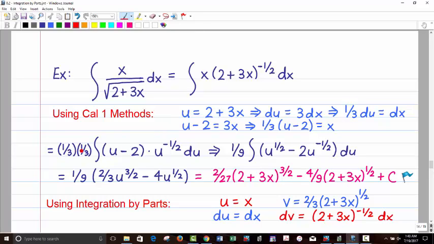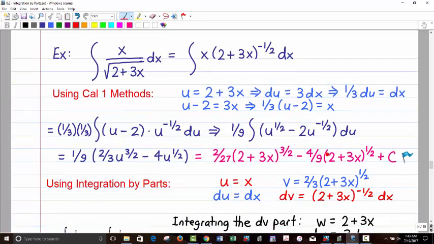There's two separate 1/3. Both of them belong. U minus 2 is this x up here. U to the negative 1/2 is that radical brought up. And then you just distribute. It's just in parentheses here to the first power. So u to the negative 1/2 times u to the 1 is u to the 1/2. U to the negative 1/2 times 2 is 2 times u to the negative 1/2.